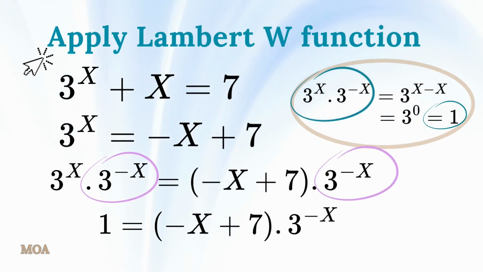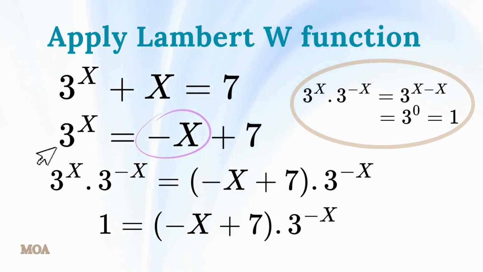To do this, we add negative capital X to both sides of the equation, leading to 3 raised to the power of capital X equals negative capital X plus 7.